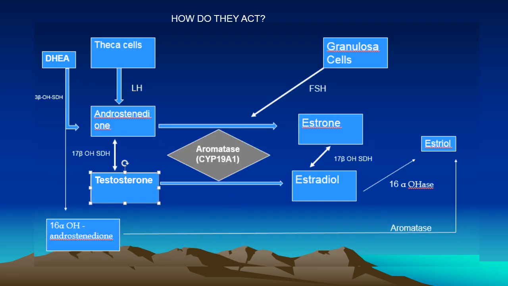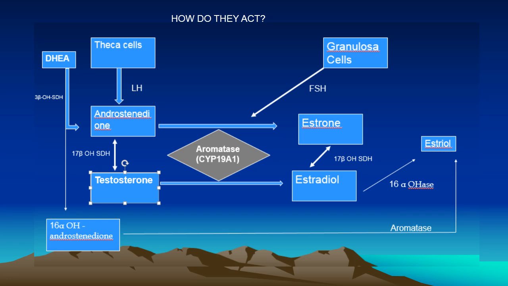Now the question is, how do they act? Aromatase enzyme is a cytochrome enzyme that converts androstenedione to estrone on one hand, so that there is subsequently less formation of estradiol. Second, in peripheral tissues, it converts testosterone into estradiol by aromatase enzyme, which is inhibited by the inhibitors.